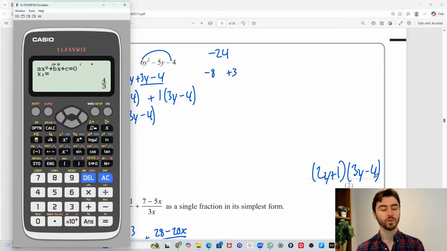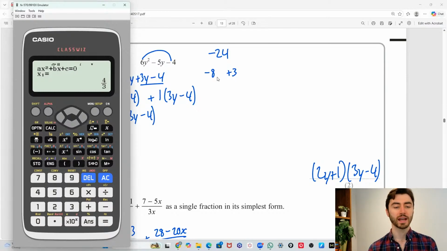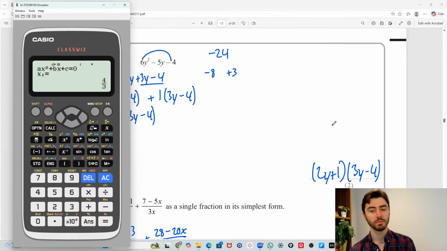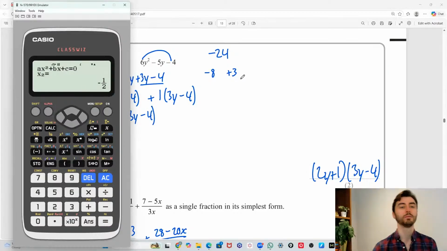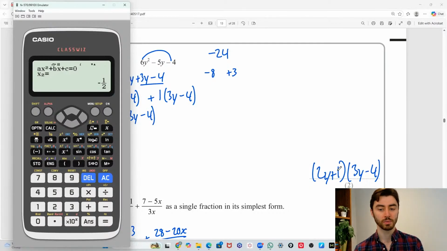So x1 is 4, and what you would need to do is you would need to think what factor would that come from? So that would come from x minus 4/3 and multiply the whole thing by 3 to give you 3y minus 4. And the other one is minus a half. So x, that would come from x plus a half, multiply the whole thing by 2 to get 2y plus 1. So that is a way of doing it.